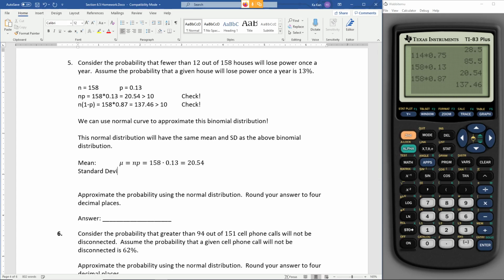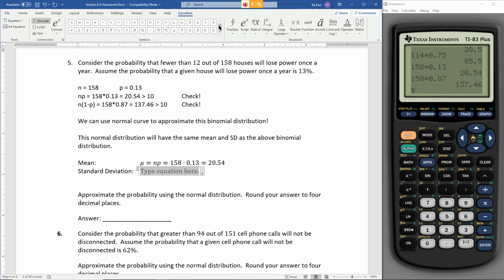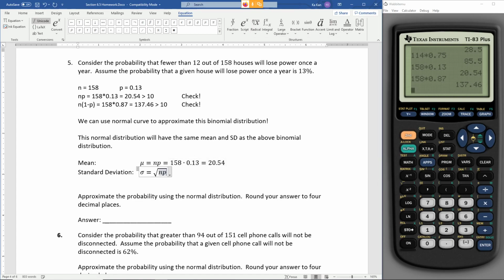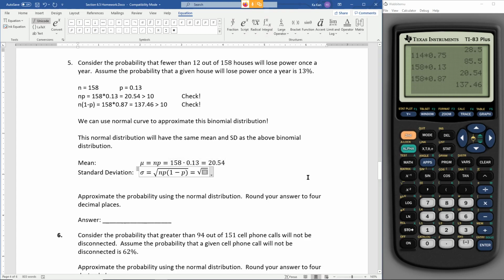Standard deviation is going to be this. Equals the radical of np times 1 minus p, like this, equals the radical of 158 times 0.13 times 1 minus 0.13, which of course is 0.87.